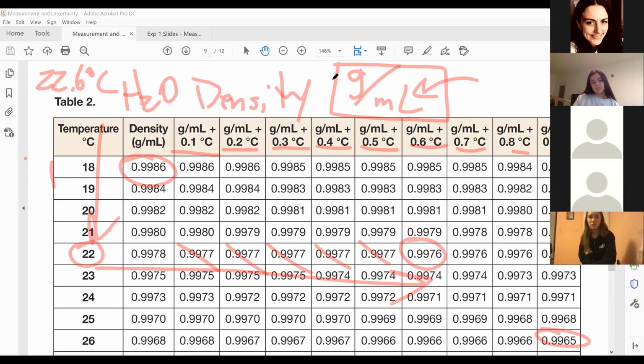So that's an error that you don't need to have in your experiment. This is a classic example of a systematic error we can correct for. Just by knowing the temperature, we can correct an error like this and eliminate it. And whenever you do an experiment, you want to eliminate as many errors as you possibly can. And this is one way of doing that. Instead of just using 1 gram per mil, we're going to use the actual density.